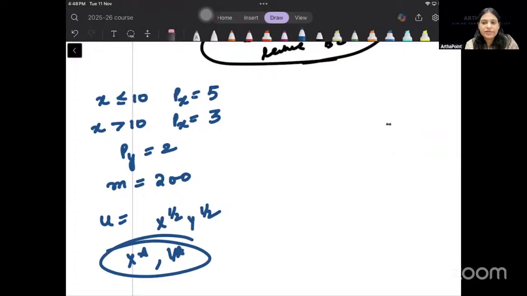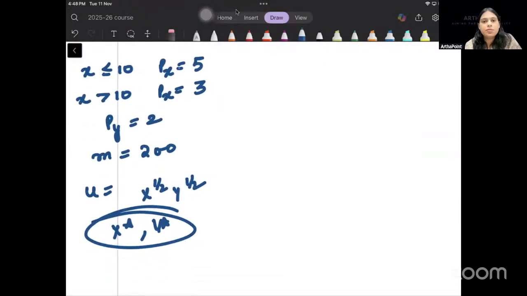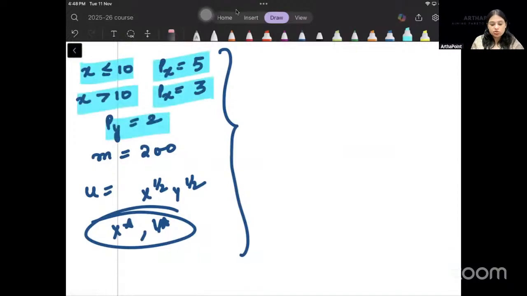Write it in the chat window once. This is the question. When you buy less than 10 units, the price is 5. More than 10 units, the price is 3. Price of good Y is 2. Income is 200. Utility function is X to the power half, Y to the power half.